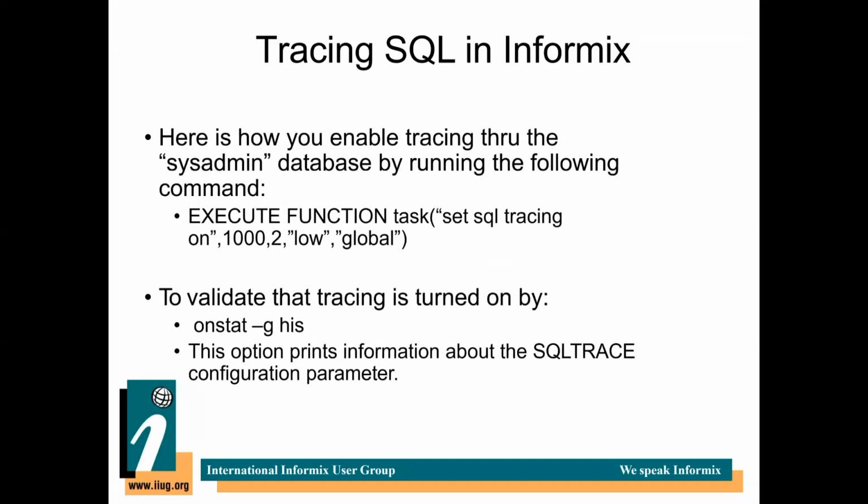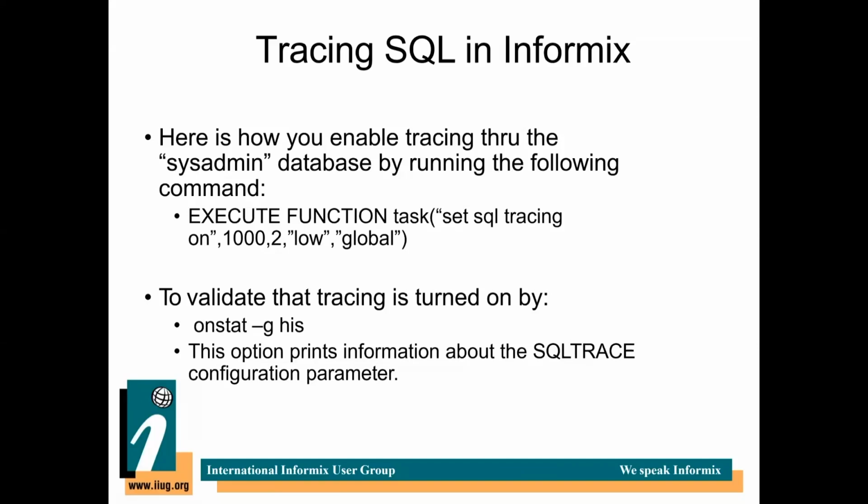Here's how you enable tracing through the sysadmin database by running the command execute function task, and then say set SQL tracing on, your number of traces, your trace buffer size, your low, medium, or high, and then your global. To validate that the tracing is turned on, you can run onstat -g his.